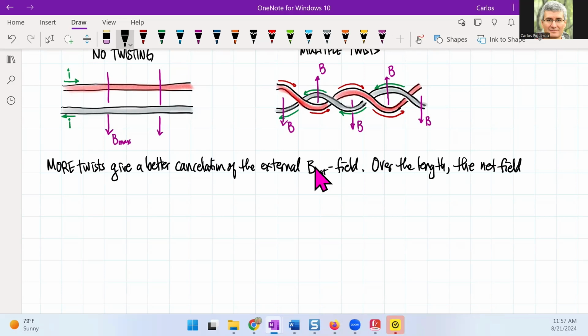how do I say this? The net field emitted or induced from the current, that is, from the twisted wires, is nearly zero.